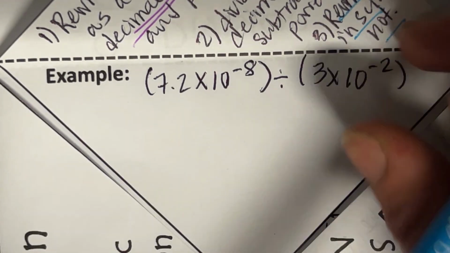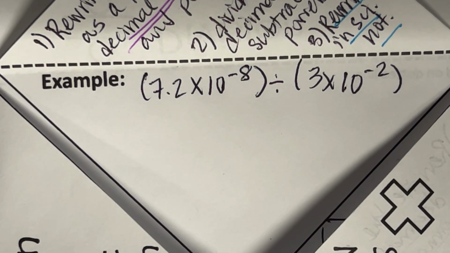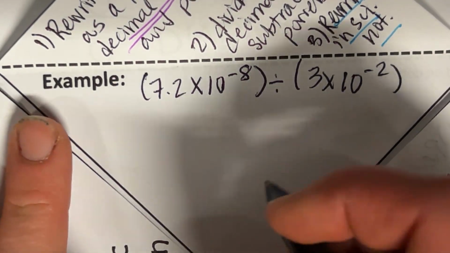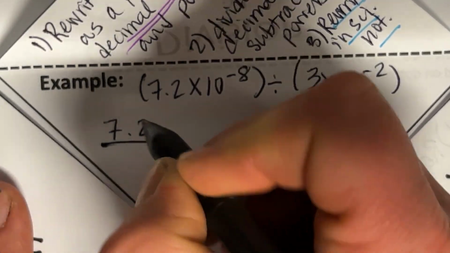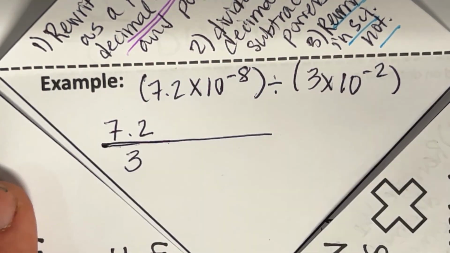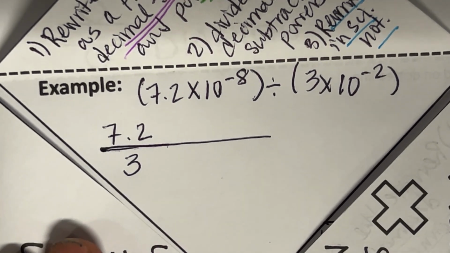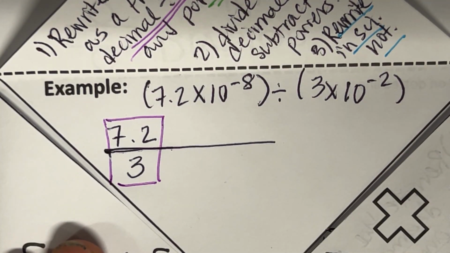Now, let's do the work. We have 7.2 times 10 to the negative 8th divided by 3 times 10 to the negative 2nd. Looking at this and aligning everything, I am going to say I have 7.2 aligned with, and I'm going to make a big, huge fraction bar, aligned with 3. There's my decimal divided by decimal. I should have done that in purple, so I'll just highlight it like that.